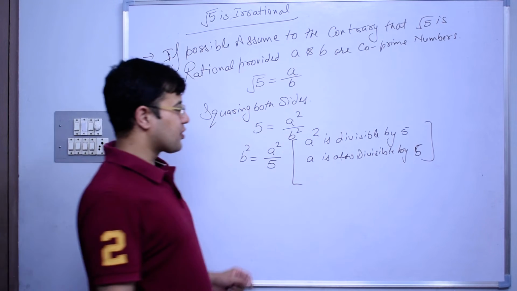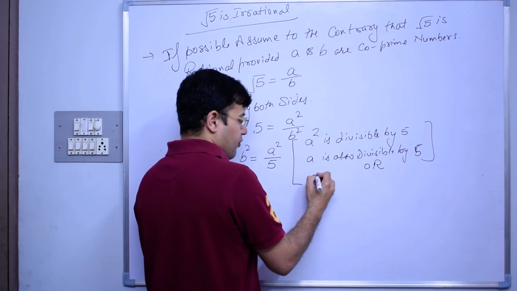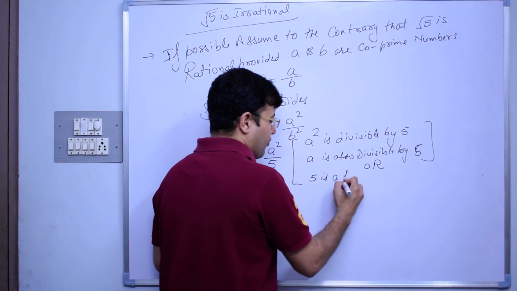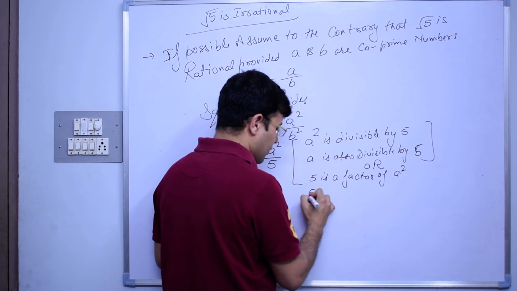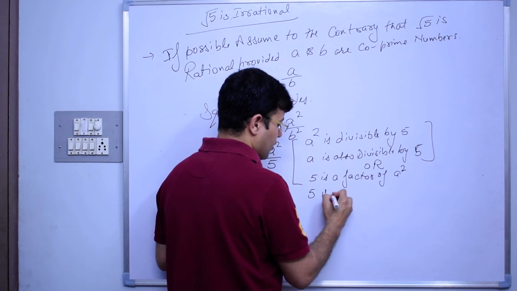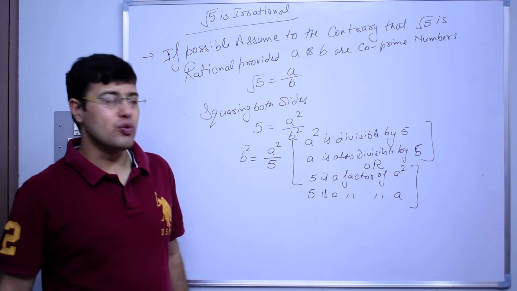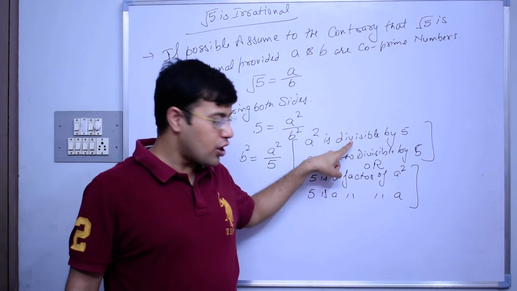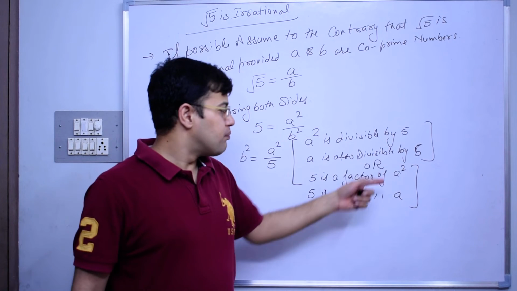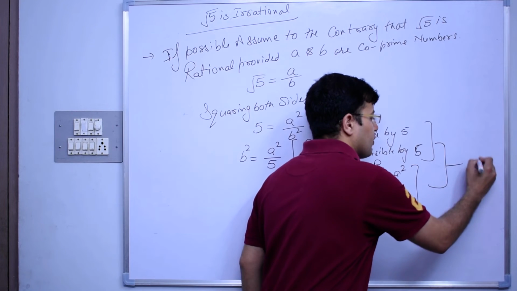Or you can also use a different form, that 5 is a factor of a square, and hence 5 should be a factor of a. Whatever terminology you use, just make sure you stick to one particular form, either the divisible one or the factor one. Nevertheless, the values and the meaning will be the same at the end of the equation.